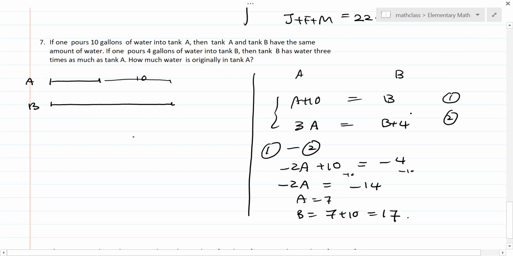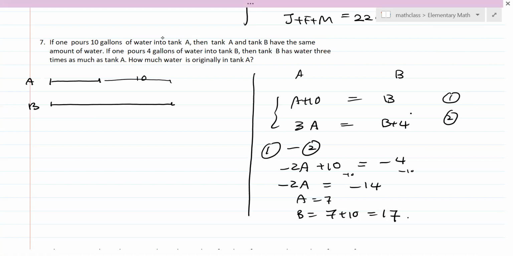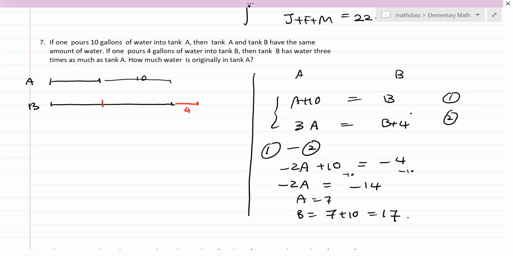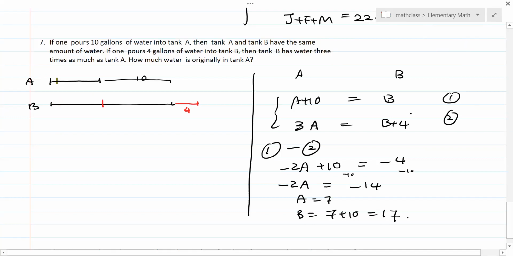The second picture, I have to use another color. If I pour 4 gallons of water into tank B, then this should be 3 times as much as what is in A. So that means, okay, this is one section in A. Now they have 3 sections, right?